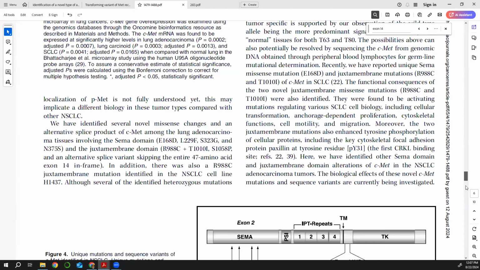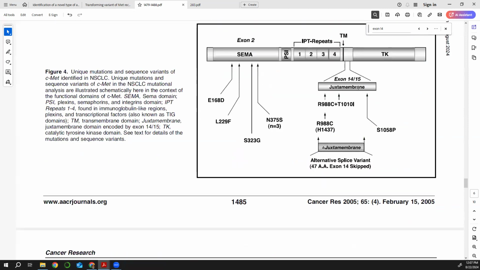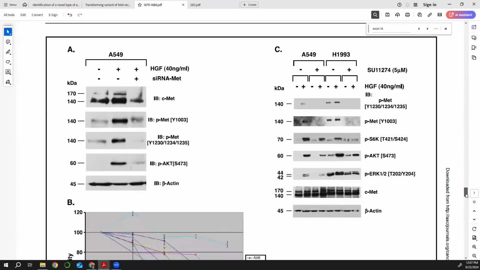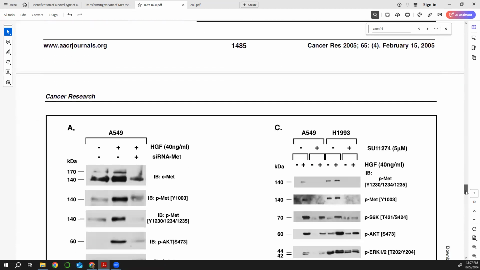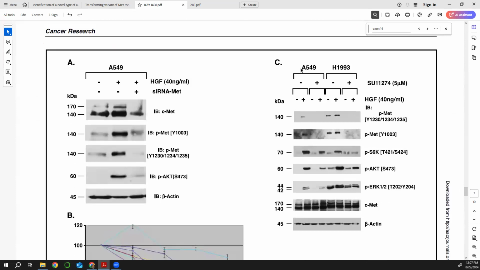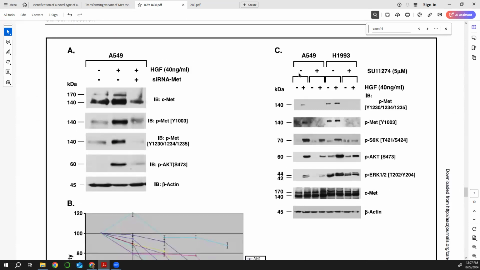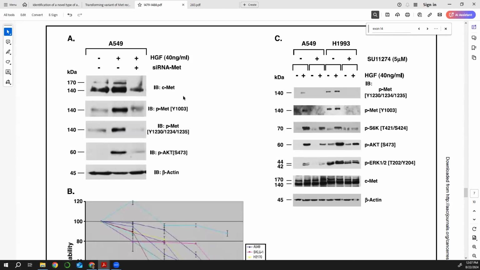So moving on. We know the distribution of these mutations now, and now they want to examine how. So now they know that MET is expressed. They know that MET is functionally active. They want to evaluate now whether inhibiting MET will result in inhibiting downstream signaling, and ultimately will it result in cancer killing, right?